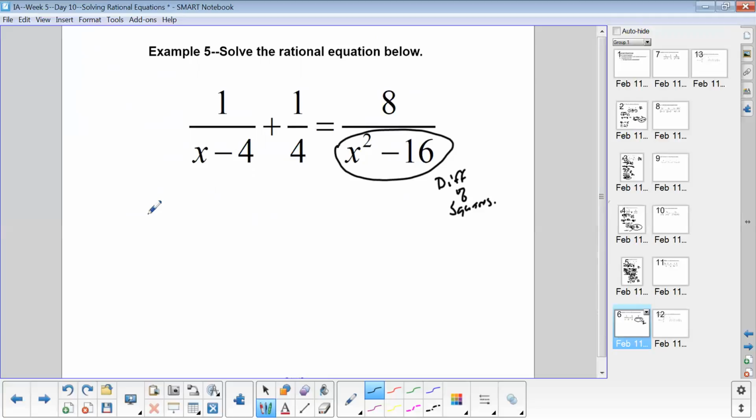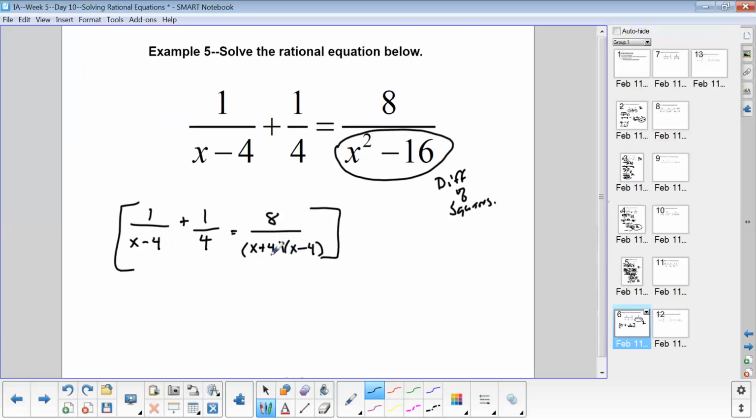So what I have is 1 divided by x minus 4 plus 1/4 is equal to 8 divided by x plus 4 and x minus 4. There's your conjugates. So the LCM in this case, scanning your denominators, is going to be 4 and x minus 4 and x plus 4.